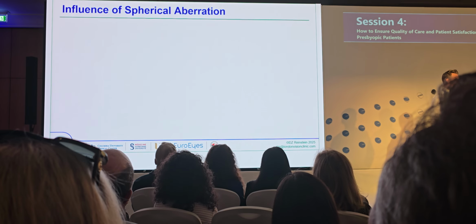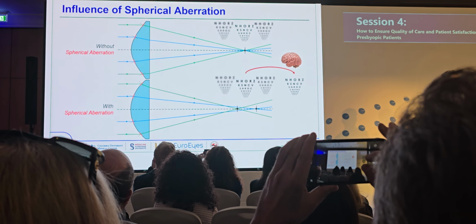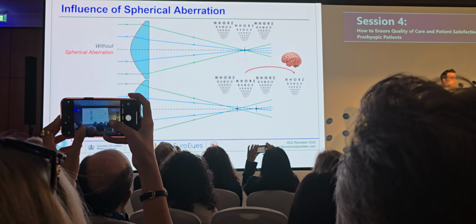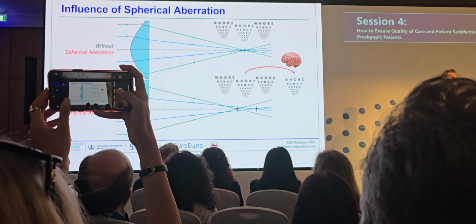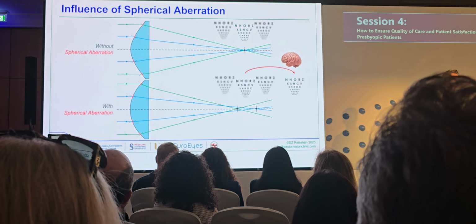So if we look at these two scenarios side by side, what you see is in the eye without spherical aberration, you get a very, very well-focused point at the distance of the object that you're looking at. But if you go closer or further away, then it relatively quickly becomes blurry.